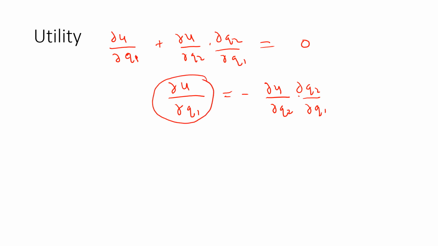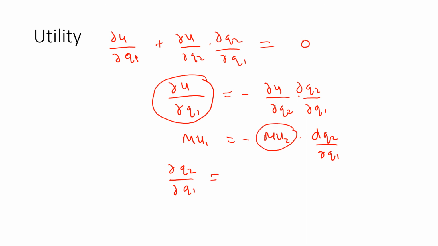So change in utility due to change in Q1 is basically the marginal utility of the first good, and it is equal to the marginal utility of the second good into the change in Q2 due to change in Q1. Rewriting that again, change in Q2 due to change in Q1 equals minus marginal utility of 1 divided by marginal utility of 2, and the negative sign remains in its place.